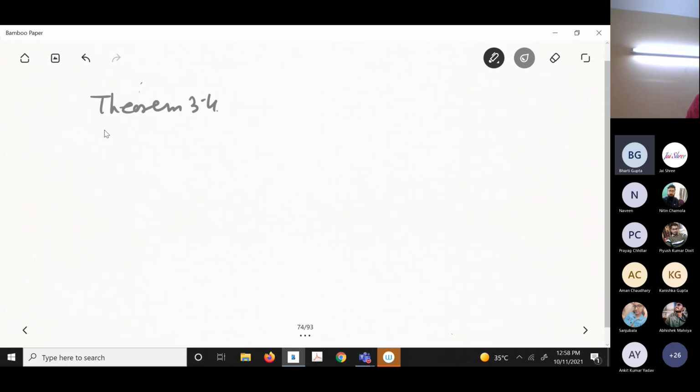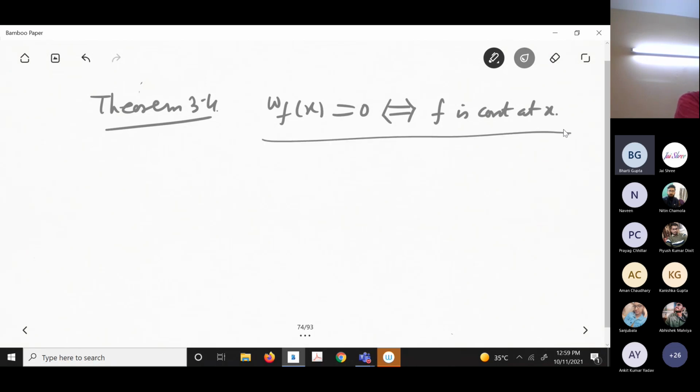The exercise is that omega F(x) is 0 if and only if F is continuous at X. For a real valued function on a topological space, this is another characterization of continuity at a point. Locally we are looking at continuity. Next we are going to prove Theorem 3.5.